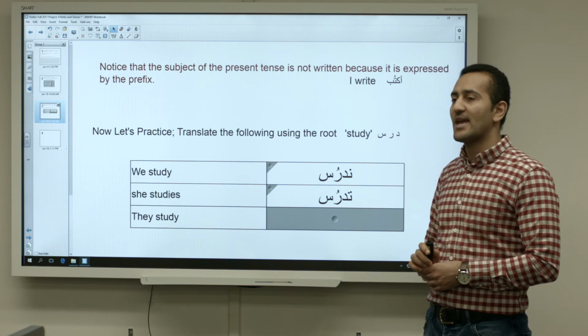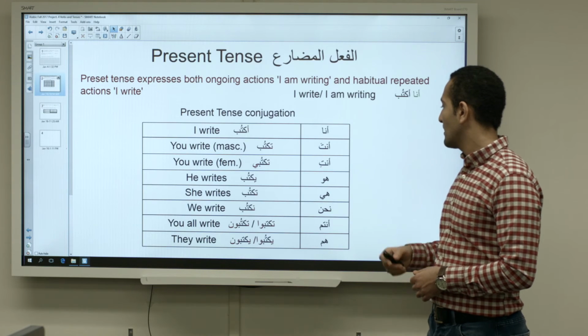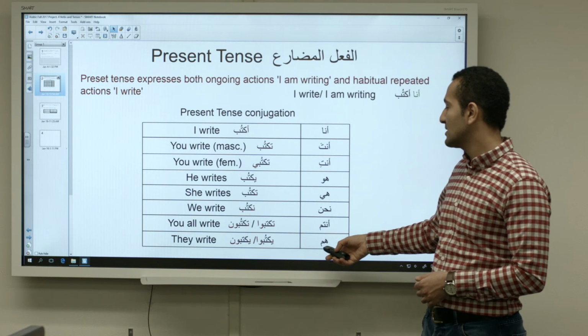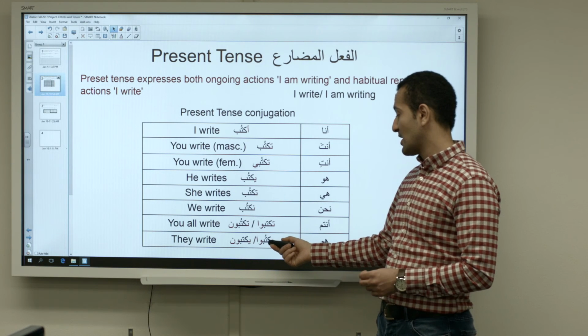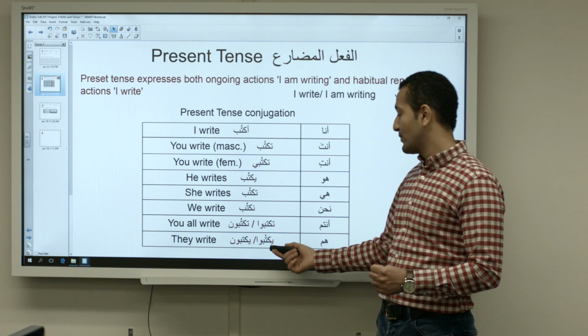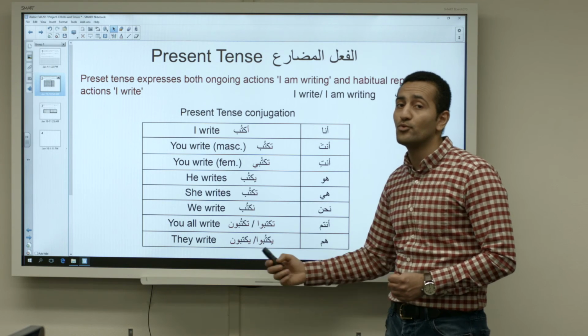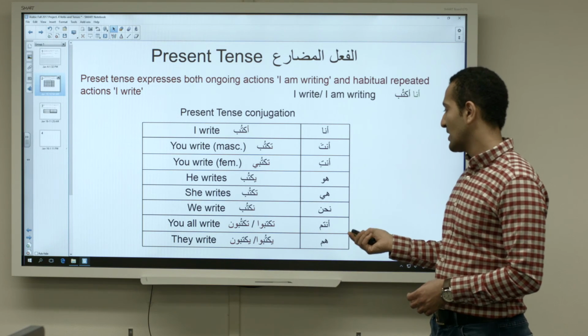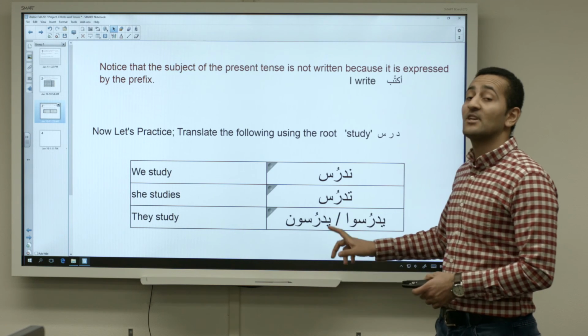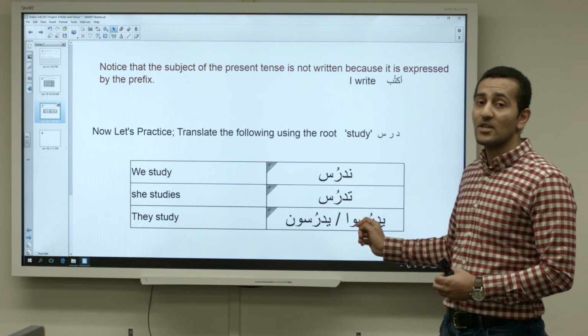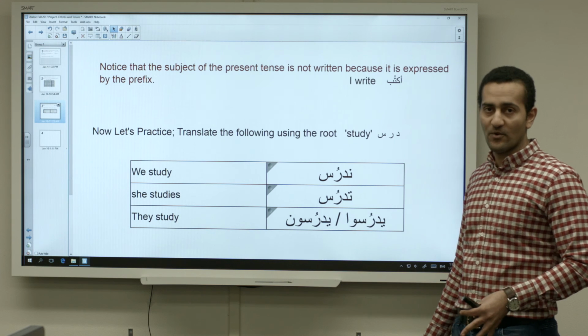They study. They, هم. This one is prefix and suffix. We have يكتب, يكتبوا, or يكتبون. So with درس it will be يدرسوا or يدرسون. Both are correct.